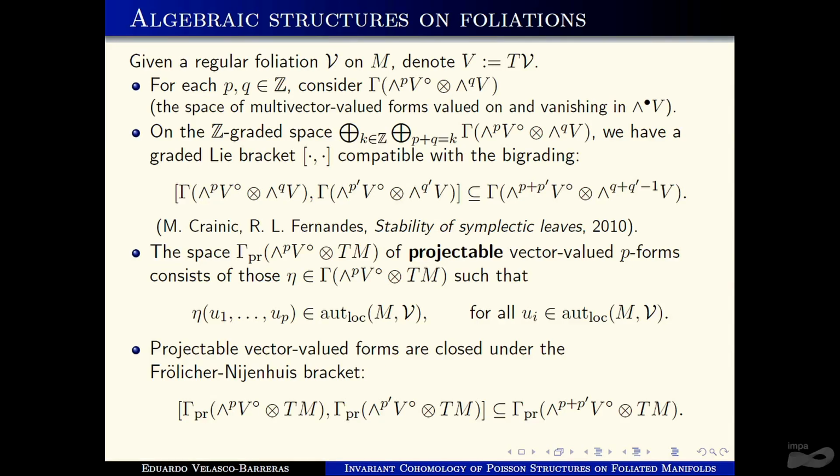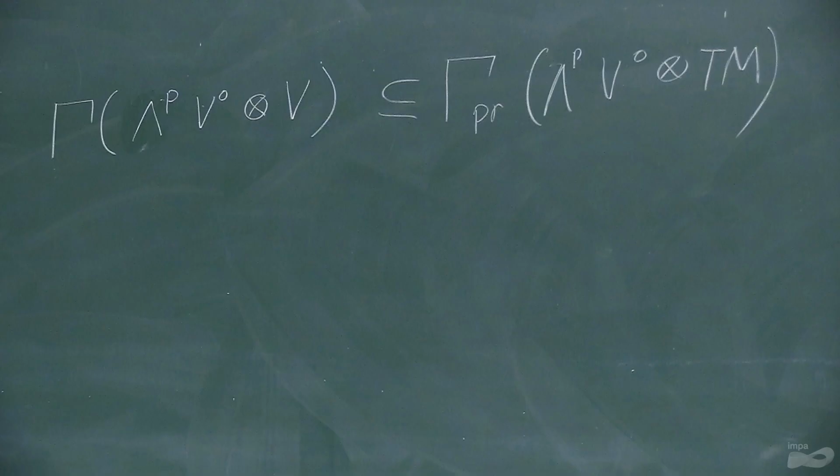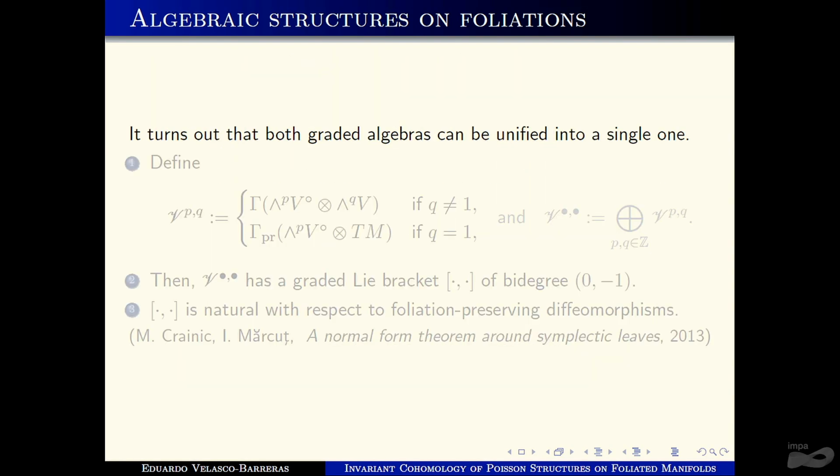And this observation, which can be formalized, allows us to combine both brackets in the sense that we can unify them in a whole graded Lie algebra. So there exists a Lie algebra which unifies both graded Lie algebras, and it can be defined as follows.